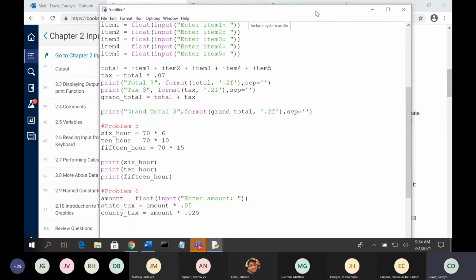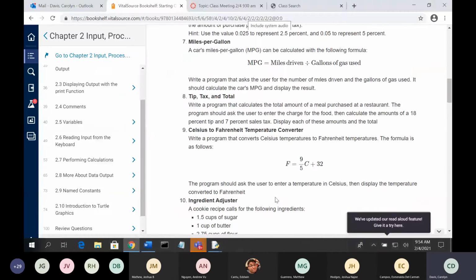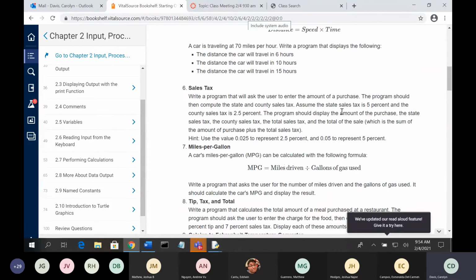They wanted us to print all of this stuff, right? Oh, 6. Wait a second.